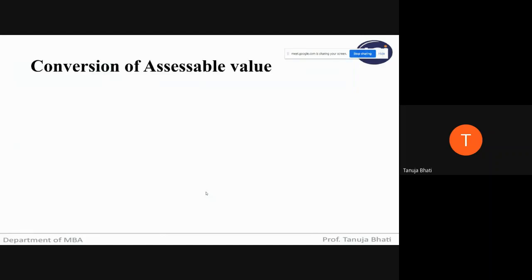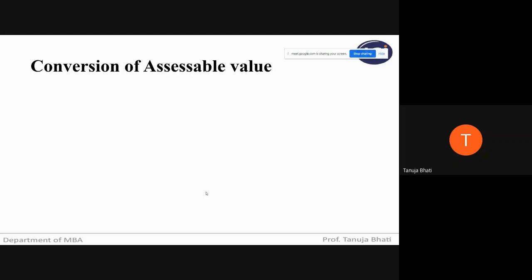Before moving ahead to the problems, let us understand one thing. Once we calculate the assessable value as per rule number 3, or taking from rule number 4 to rule number 9, we have the transaction value or assessable value on which we have to charge the customs duty.